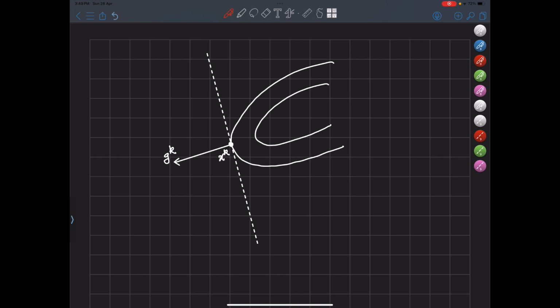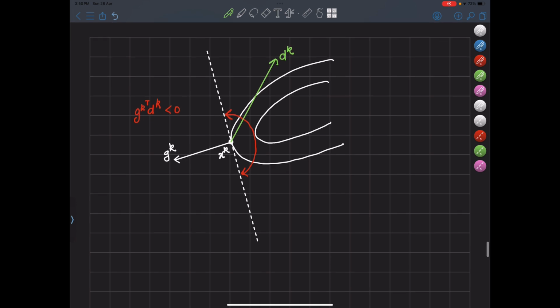It turns out, as we know, that for descent directions gk transpose dk should be less than 0, which means all the descent directions should make an obtuse angle with the gradient, which means all the directions in this region are descent directions. So if I choose anything from here, this is one possible descent direction.